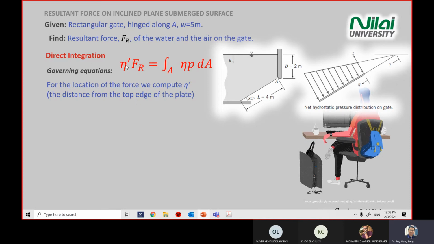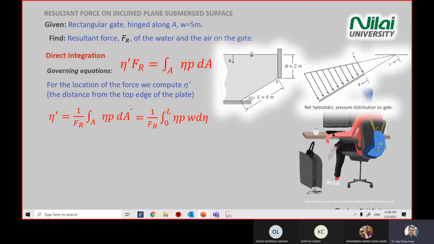You can replace this n with x or y. We start to rearrange the equation that you see on the screen here, where your n prime equals 1 over FR times the integration of n p dA.